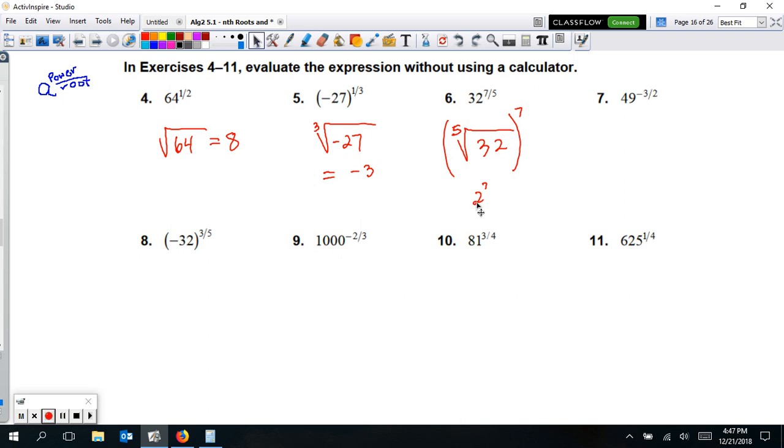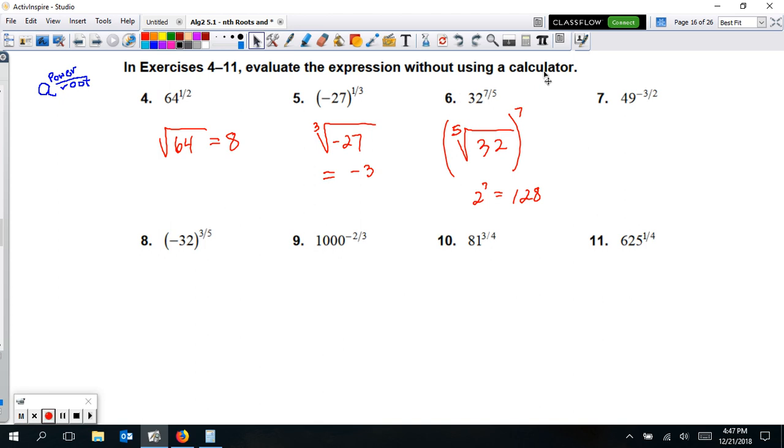So now all this is just 2 to the 7th power. So you've got to multiply 2 by itself 7 times. Well, we already know when you multiply it by itself 5 times, you get 32. Well, then we've got to multiply that by 2 again, which would give you 64. And then 64 times 2, the last time, would give you 128. And so that's why it's 128. Again, you can try this on your own, verify it with a calculator, but you're supposed to try to do it without a calculator.